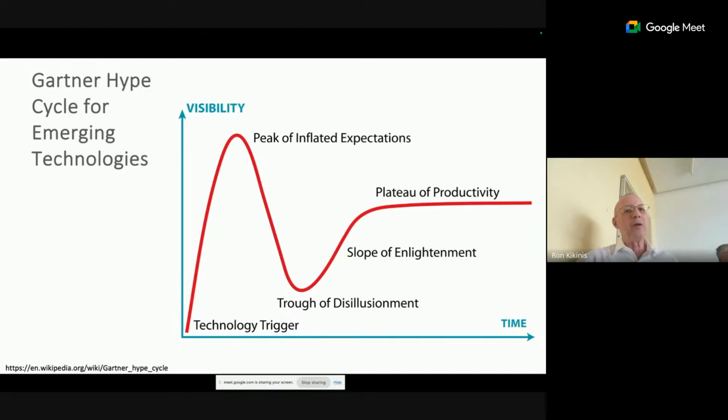About 2 years ago, I did a review. There were about 100 FDA and CE marked products that use AI technologies available on both sides of the Atlantic. And virtually none of them were usable. And so this led to the trough of disillusionment, and we are slowly climbing out of that hole.